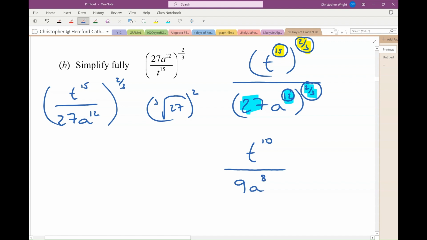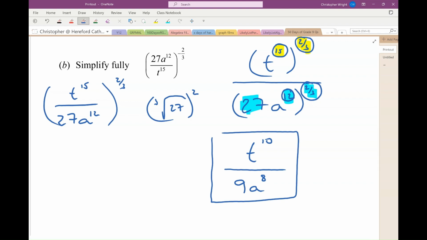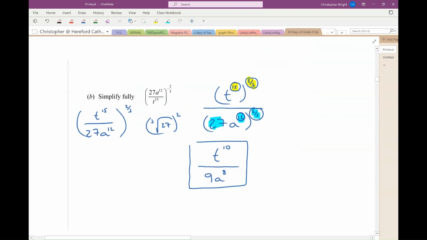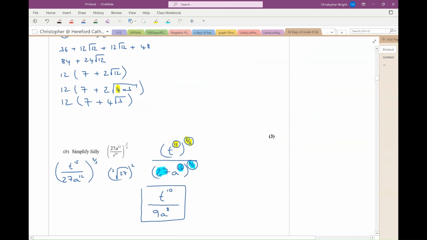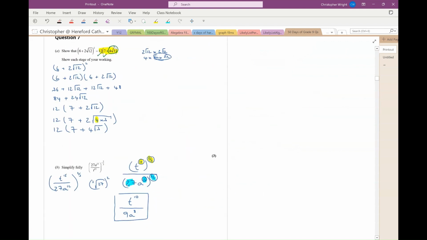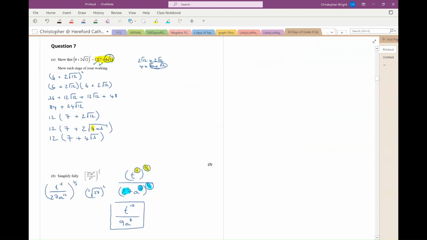So there is my solution to part B. And I'm just having a quick look to see if I can do any more simplification, because sometimes they have a common factor top and bottom, but they don't in this case. So that is question number 7 complete.